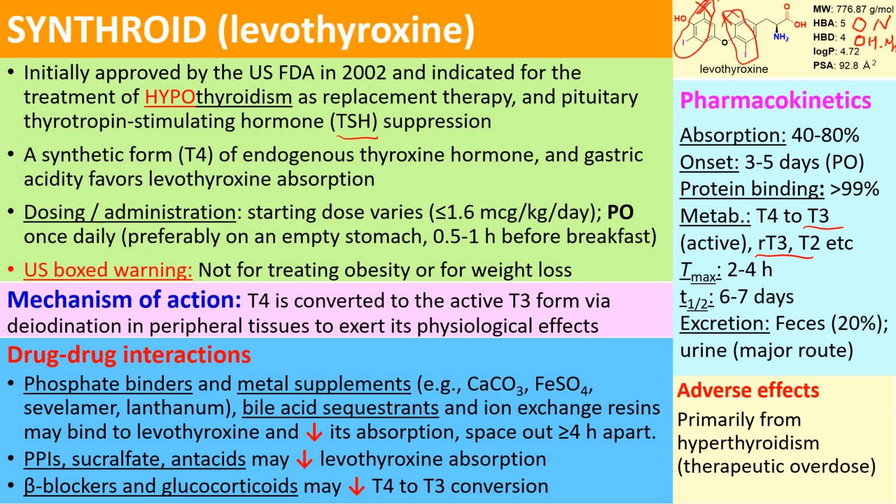So therefore, if patients need to take phosphate binders, metal supplements, or bile acid sequestrants with levothyroxine, make sure these medications are spaced out at least 4 hours apart. If patients take a PPI, that's a proton pump inhibitor, sucralfate, or antacid, it may lower levothyroxine absorption.